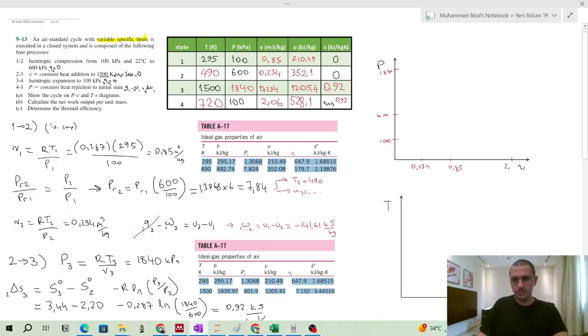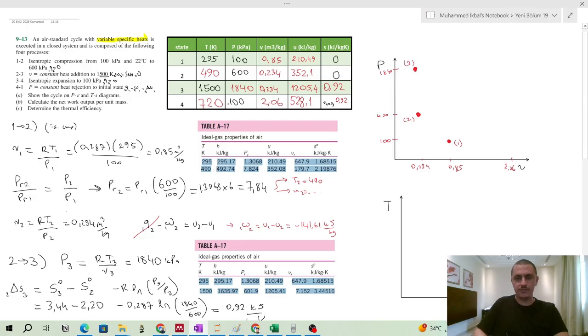And here you have 2.06. Let's put the points now. First point, 100 and 0.85. You are here. This is the first point. Second point, you have 600 here and your specific volume is there. This is 2. For 3, you have high pressure and the same volume, so you have a constant volume process.